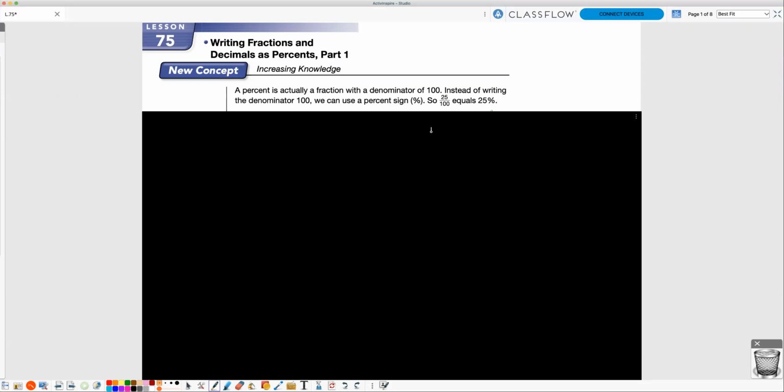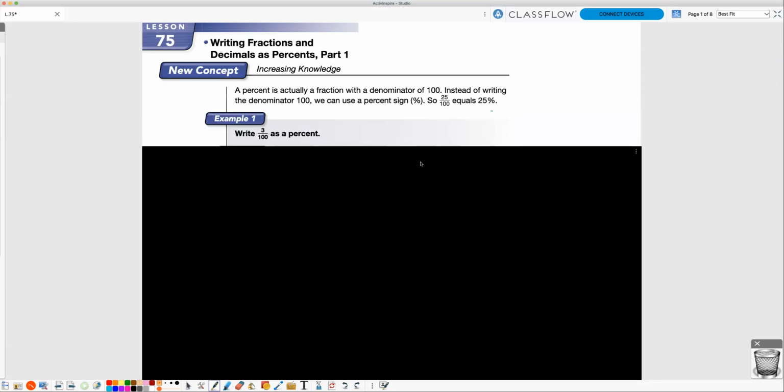So let's get started. Example 1, write 3 hundredths as a percent. So 3 hundredths simply is 3%. You can kind of see that the 100 part is almost written in the percent symbol, with the 1 here and then the 2 zeros.